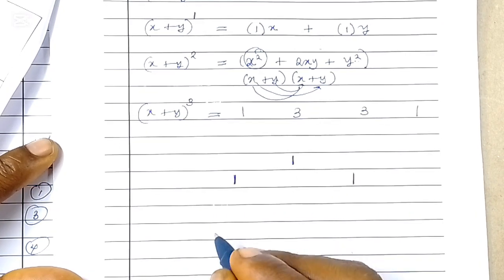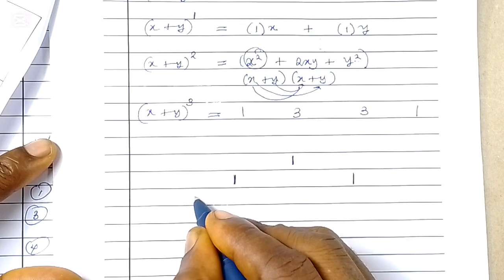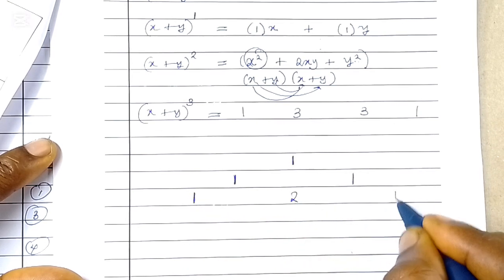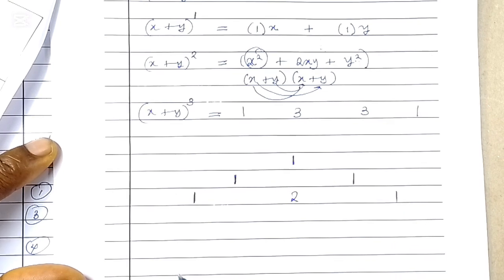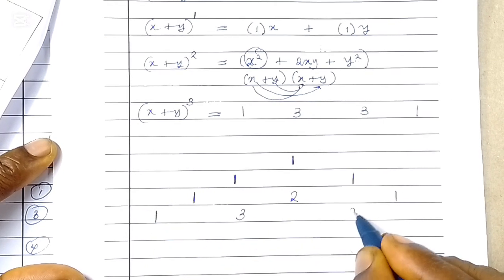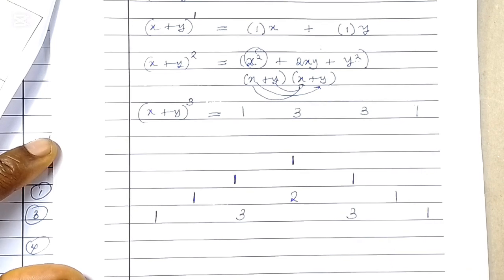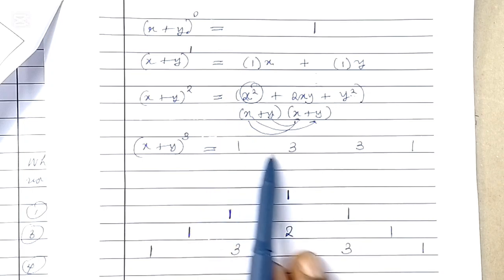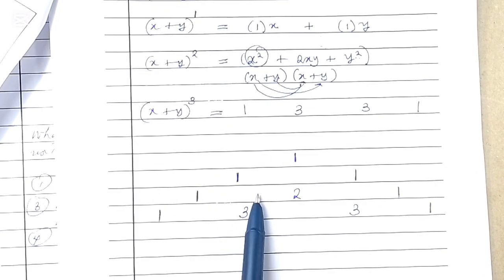For an expansion that carries the power 2, the coefficients will be 1, 2, and 1. For an expansion that carries the power 3, the coefficients will be 1, 3, 3, and 1. Now, from these we have done, you will notice this pattern emerging.